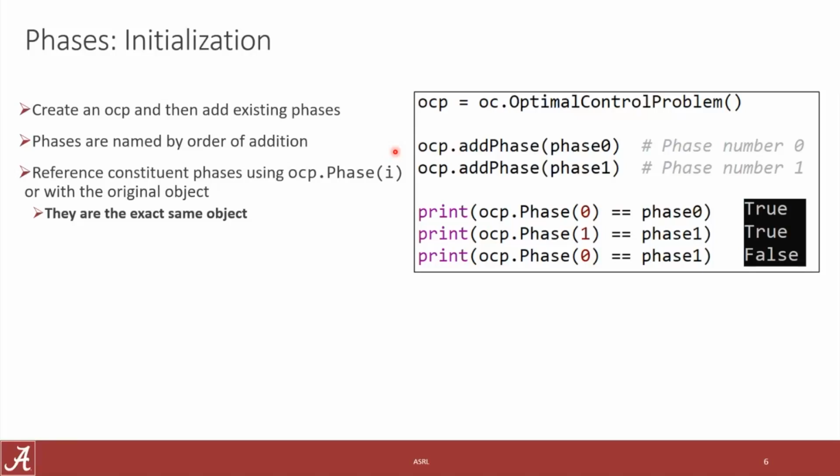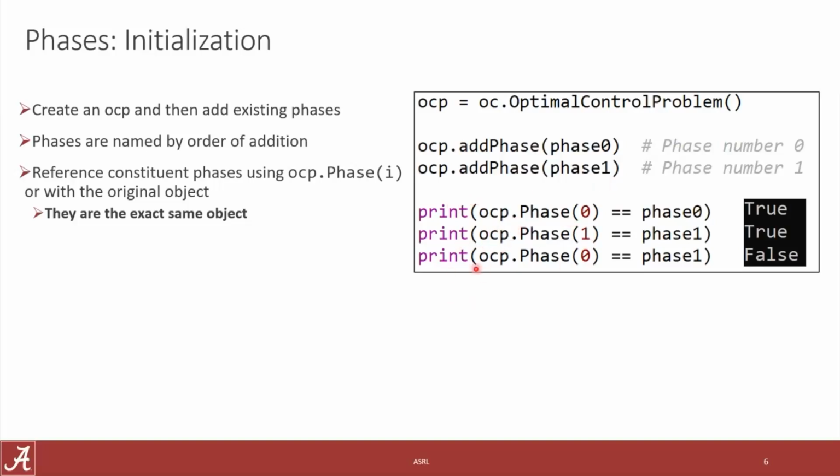But the optimal control problem comes after you defined and constrained your individual phases of the mission. Then when you're ready to patch them together and add any constraints or objectives between those phases that are instantiated and defined, now you create your optimal control problem, add the phases in.